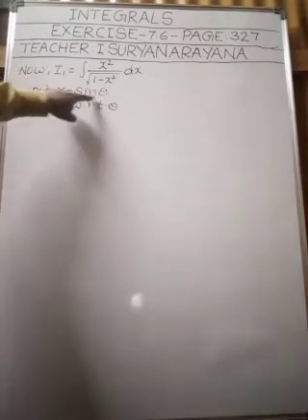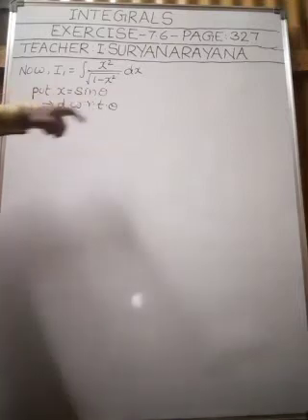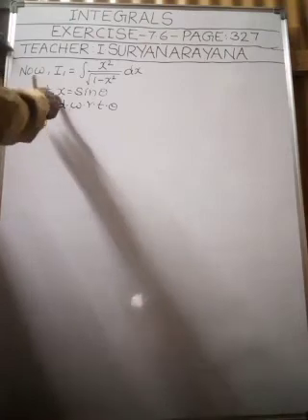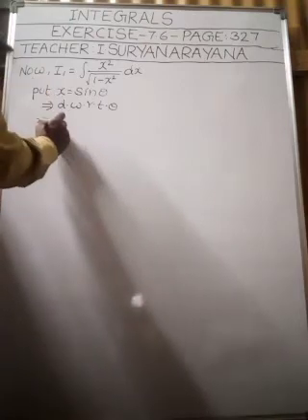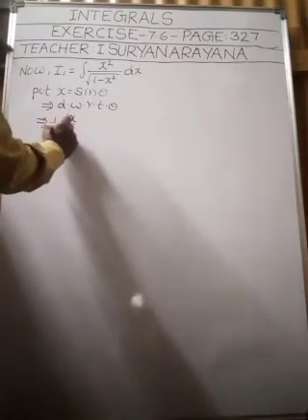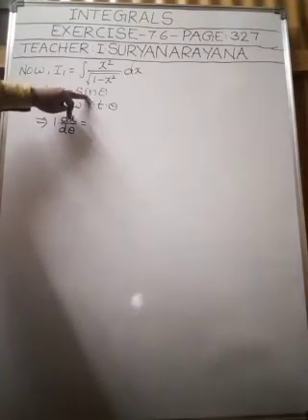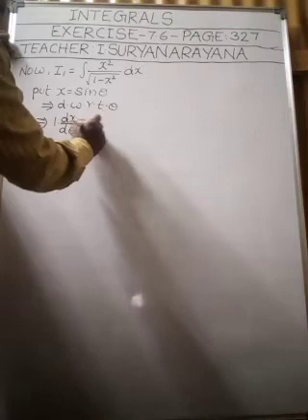So we are differentiating this equation with respect to theta. Okay, my children. This implies, what is the derivative of x? 1 into dx by d theta is equal to what is the derivative of sin theta? Cos theta.